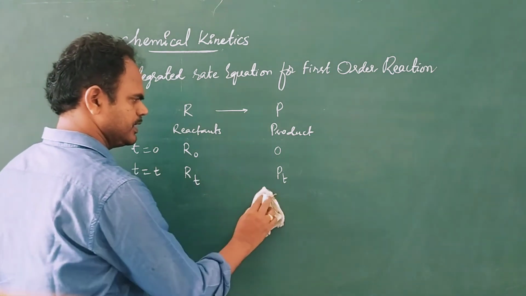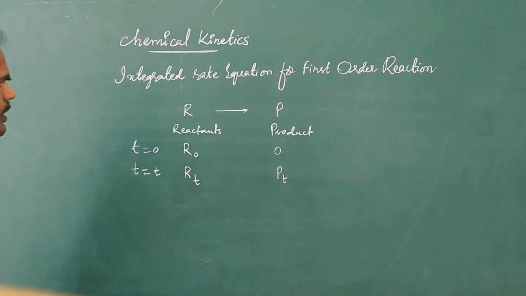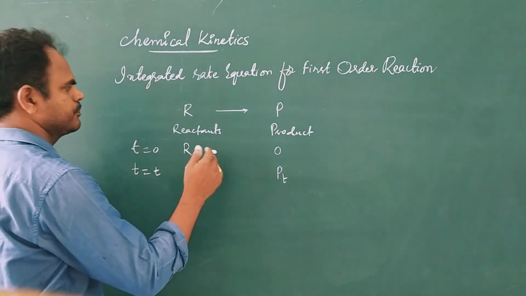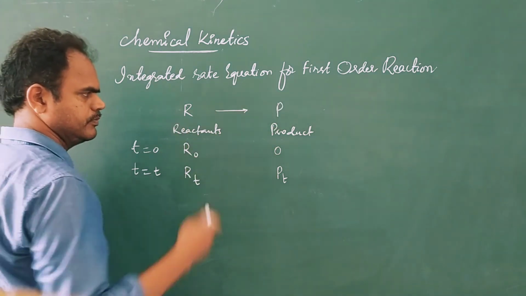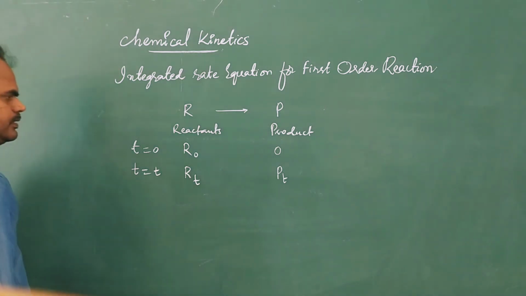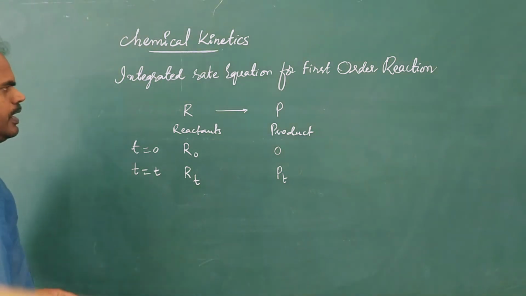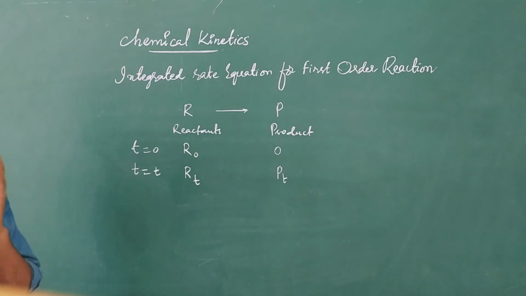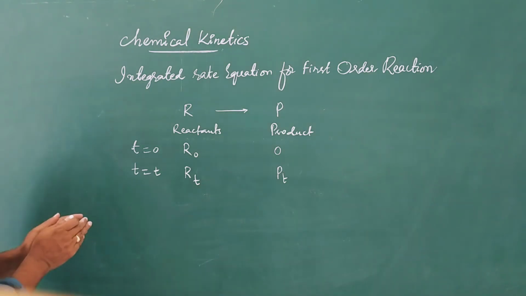After time t, moles of P will form. And for this reaction, how do you write the differential rate expression?